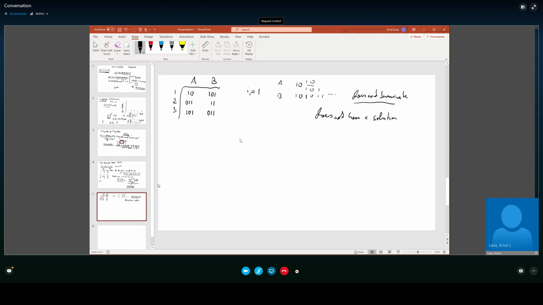If I have two context-free grammars, it is a reasonable question to ask whether those two context-free grammars generate the same language. The example might be E goes to E plus T, or T, and T goes to T times F, or F, and F goes to open paren, E close paren, or ID.